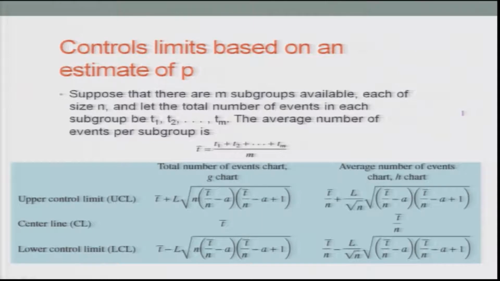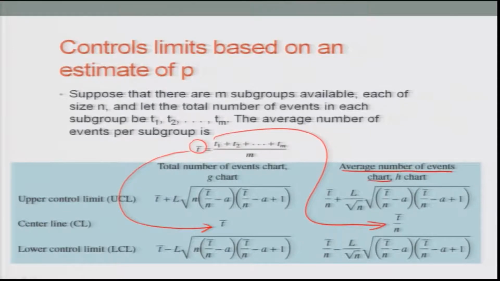Now, what you do is that, let me use a color which is easily discernible. So, this average basically comes as the central line in this case, and in this case it basically gets divided by n, because I am talking about the average number of events chart. Obviously, technically in that other example also it was basically divided by n.